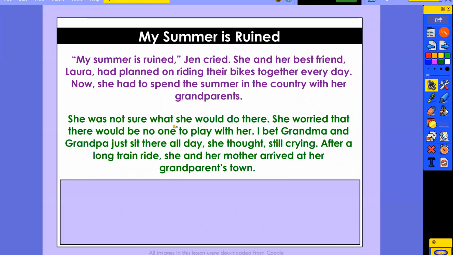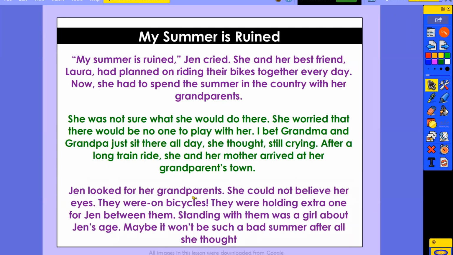She was not sure what she would do there. She worried that there would be no one to play with her. "I bet Grandma and Grandpa just sit there all day," she thought, still crying. After a long train ride, she and her mother arrived at her grandparents' town.